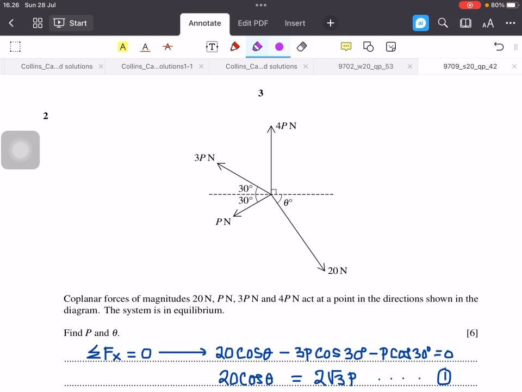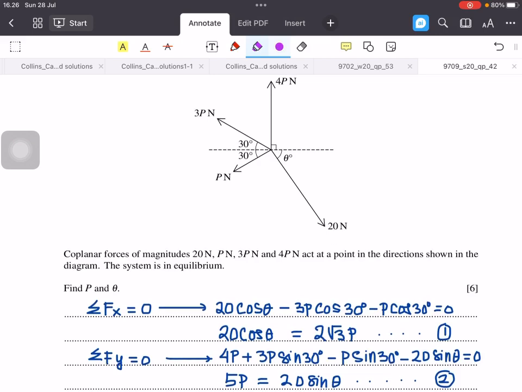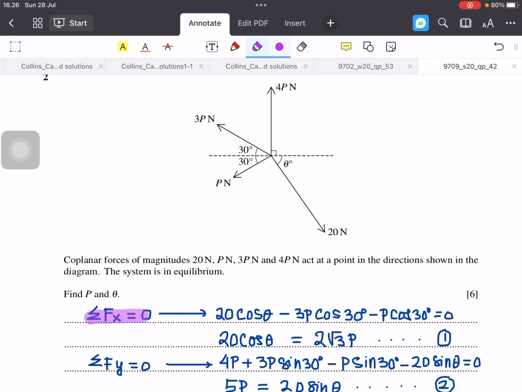Coplanar forces of magnitudes 20 Newton, P Newton, 3P Newton and 4P Newton act at a point in the directions shown in the diagram. The system is in equilibrium. Find P and theta. Since the system is in equilibrium, the net force in x direction is equal to 0.